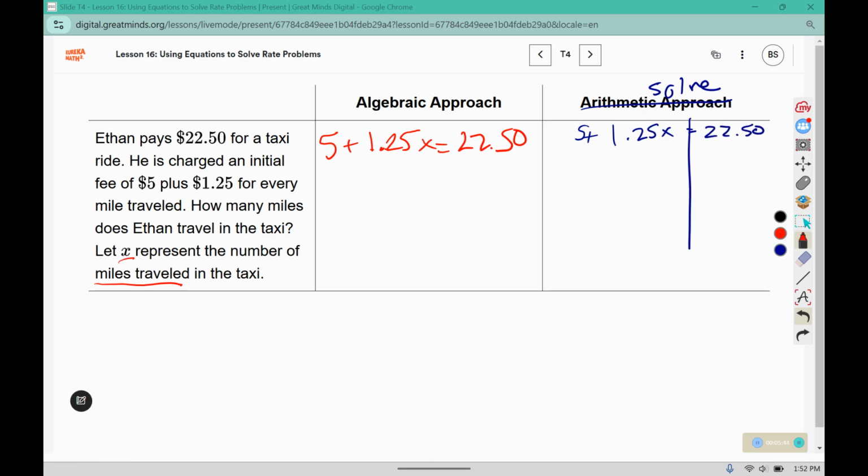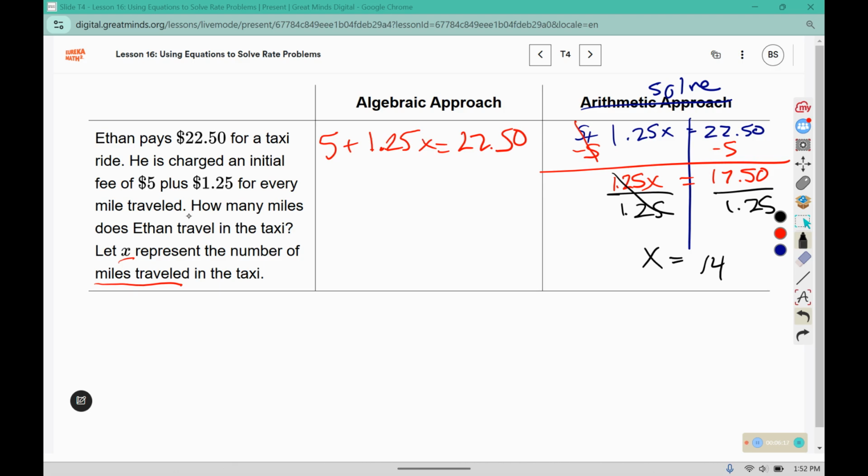We're going to start by subtracting the number 5 from both sides, because this one has the variable this time. I still have $1.25 times X on the left. $22.50 minus $5 is $17.50. And then we divide both sides by 1.25 to find out what X equals, which is 14. So the question was, how many miles does he travel in the taxi? He travels 14 miles.